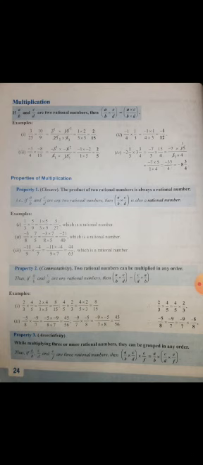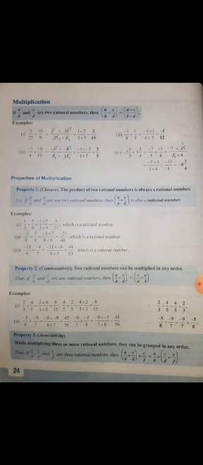Properties of multiplication of rational numbers. The properties of addition of rational numbers we already learned in our previous classes, and it is the same with the multiplication sign.